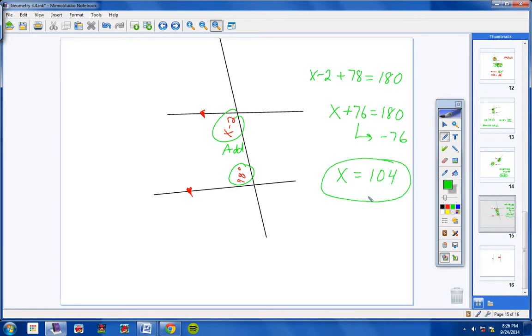And students, that makes sense because if you put 104 right here for x and take 2 away, you get 102. And 102 plus 78 is 180. Okay, so I took this angle here and this angle here, and I added them together, and they equaled 180. And then I solved for x. Okay? All right, one more problem and we're finished.